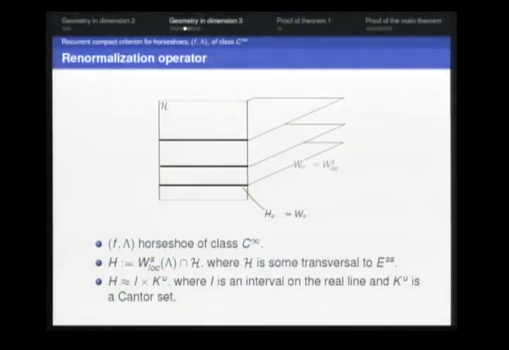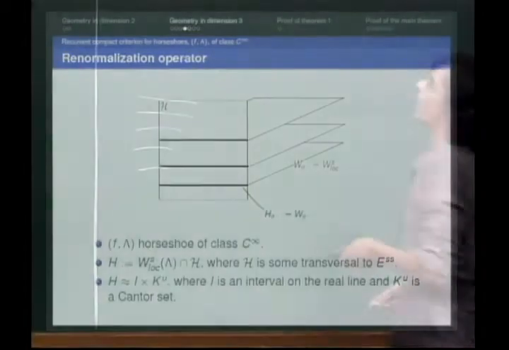So it will be like a product of an interval and a Cantor set. And this intersection I will call the wall. So this is the wall.